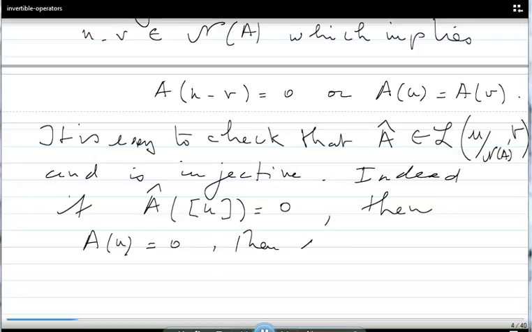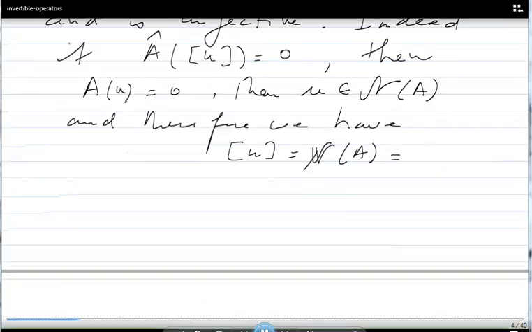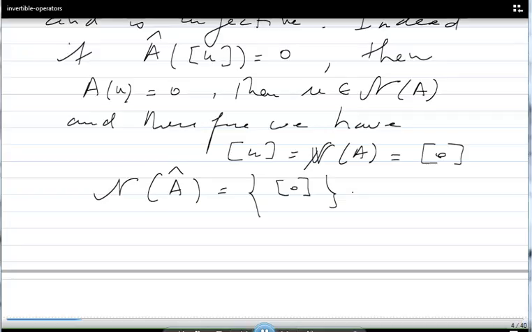Then u belongs to the null space of A, and therefore the class of u equals the null space, which is the class of 0, which means that the null space of A hat is exactly the class of 0, which is the 0 vector of the quotient space, which means that A hat is one-to-one.